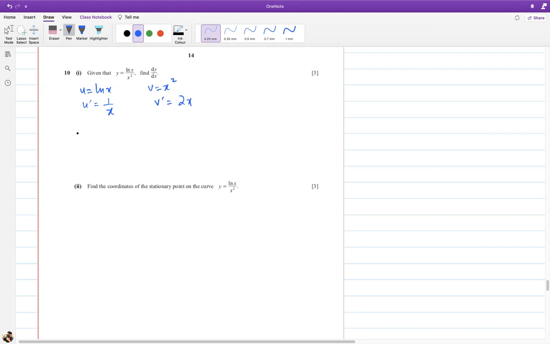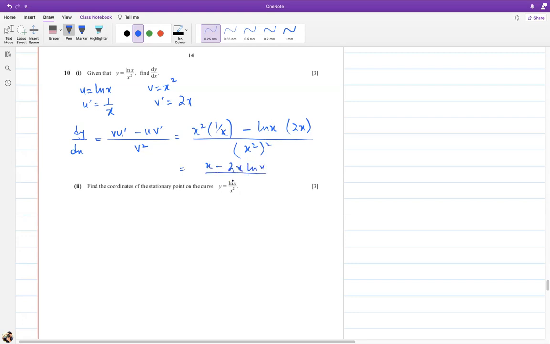So now I'm going to apply dy by dx is going to be (v u prime minus u v prime) over v squared. So v u prime is x squared into 1 over x, minus ln x into 2x, over x squared, v squared basically, okay? So this gives me (x minus 2x ln x) over x power 4. I can take x as common, so that gives me (1 minus 2 ln x) over x cube, and that's my answer.